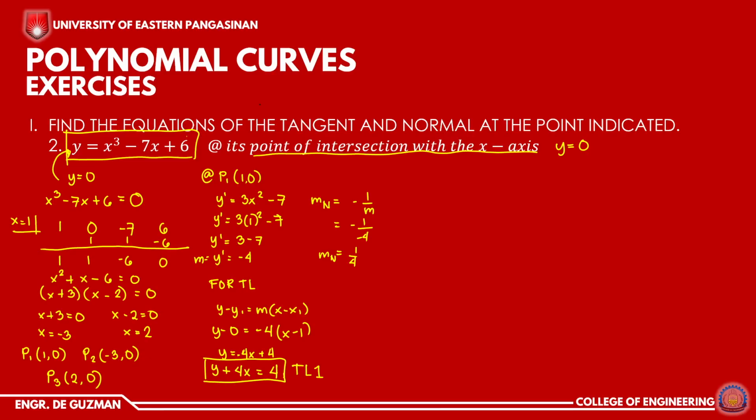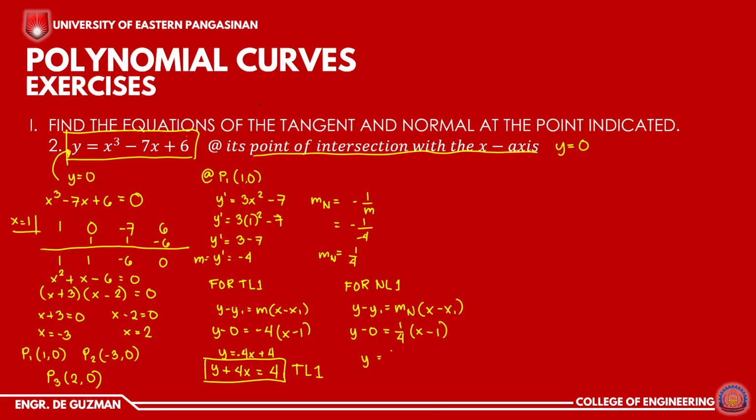So, for NL, for normal line, TL1. So, y minus 0 is equals to mn natin, sulat ko muna yung formula. Y minus y sub 1 is equals to mn times x minus x sub 1. So, y minus 0 is equals to 1/4 x minus 1.